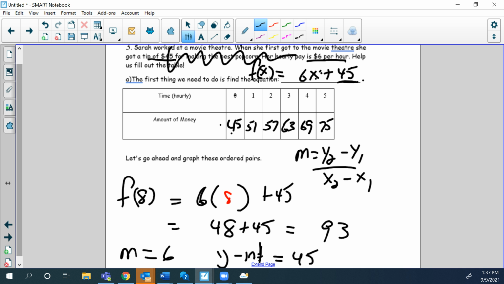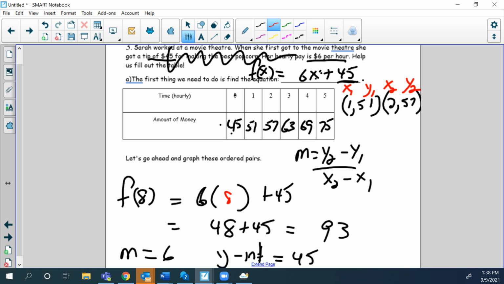To find the slope now, again, I'm just gonna pick 2 points. It could be 1, 51. That's 1 point, and say 2, 57. That's my other point. And then I know this is my x1. That's my y1. This is my x2 and my y2. We've done this like 1,000 times.